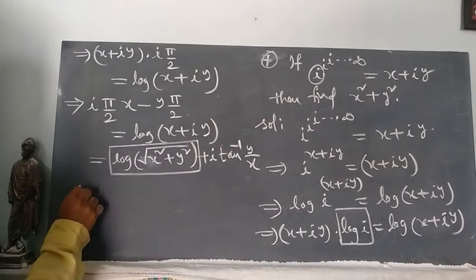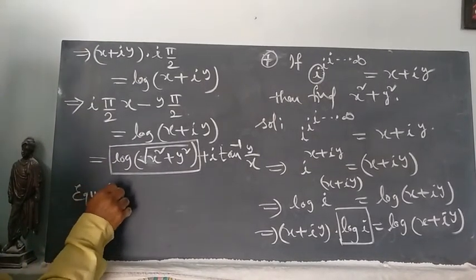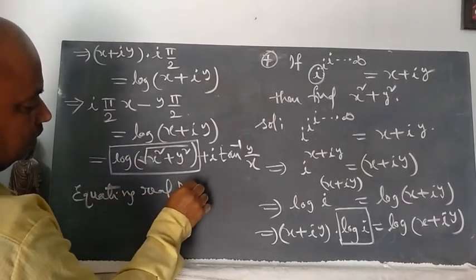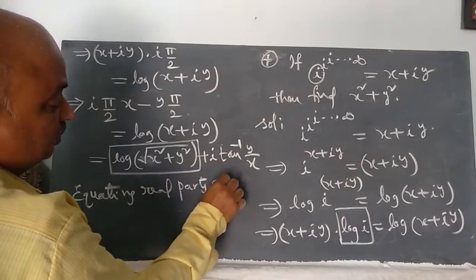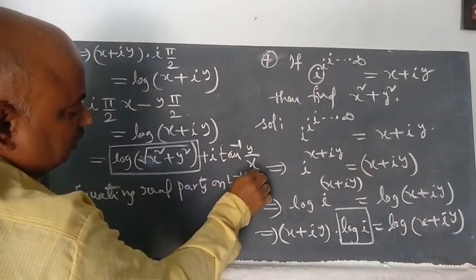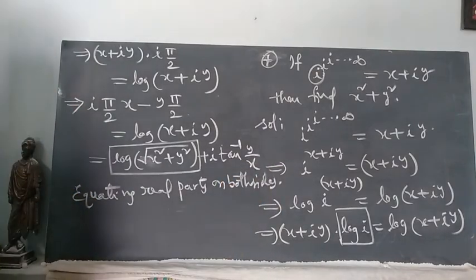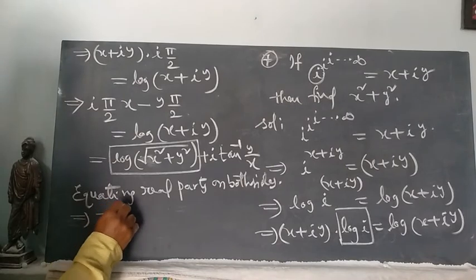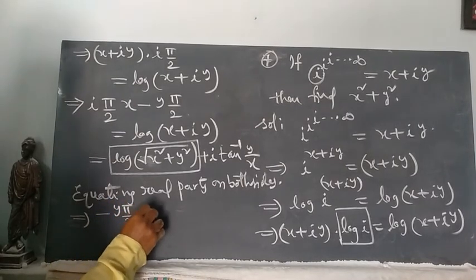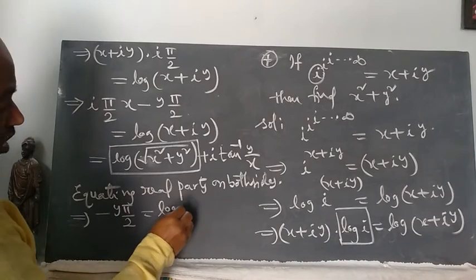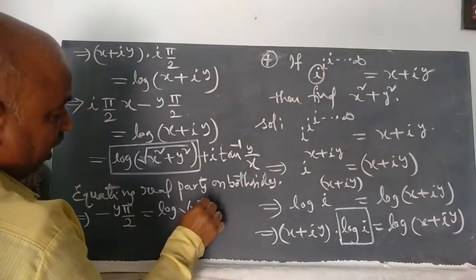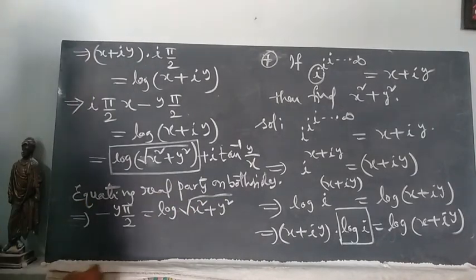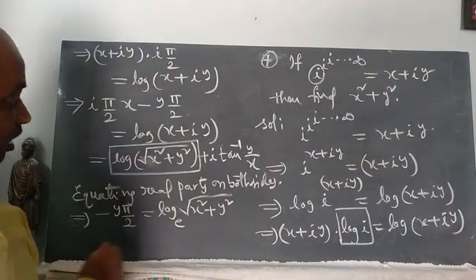So equating real parts on both sides, this implies minus y pi by 2 is equal to log of square root of x square plus y square, with base e.